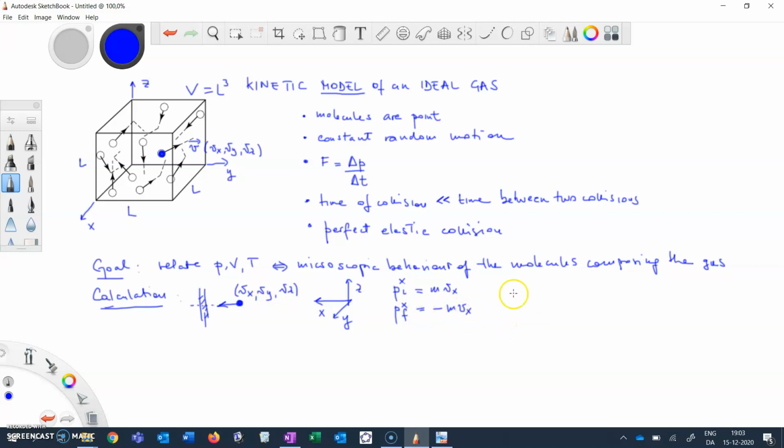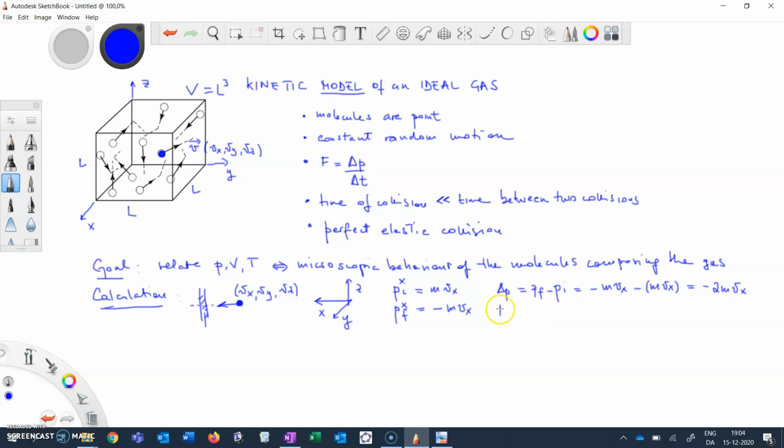So what's the change of momentum? The final momentum minus the initial momentum, which gives minus m vx minus m vx. So we're talking about minus 2m times vx.